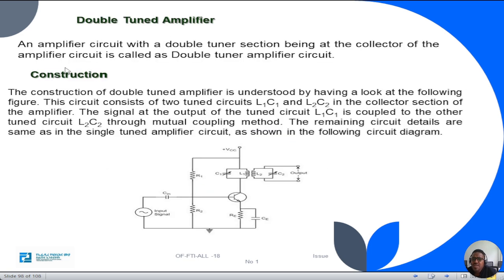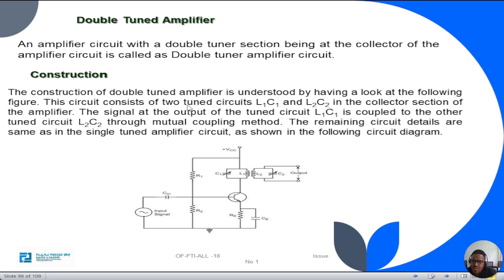In a double tuned amplifier, an amplifier circuit with a double tuned section as the collector load of the amplifier circuit is called a double tuned circuit. Look, in the previous one we saw only one capacitor and one inductor, but in the double tuned we have two circuits coupled to each other. The construction of the double tuned amplifier is understood by having a look at the following figure.